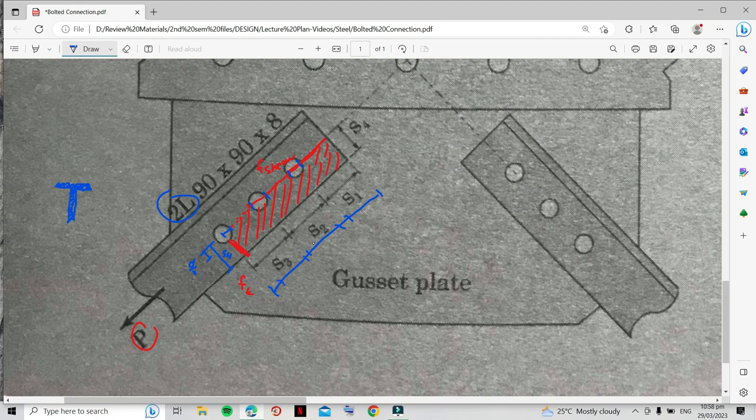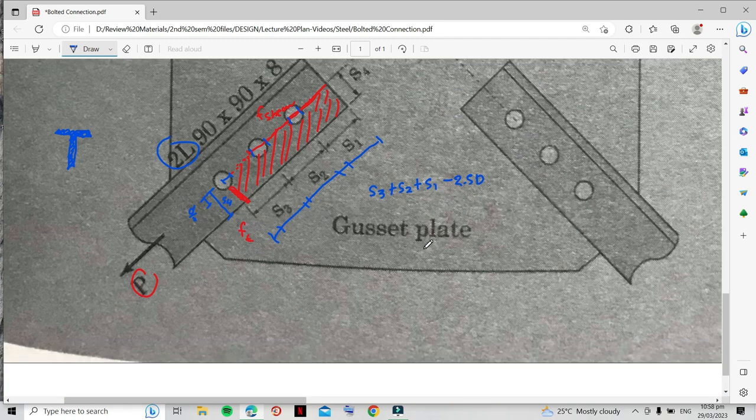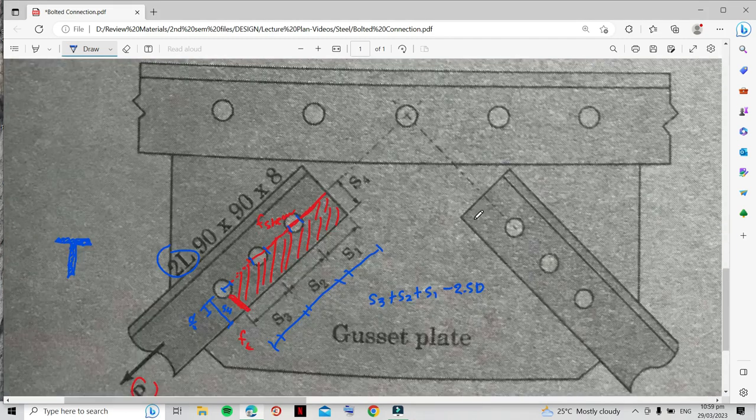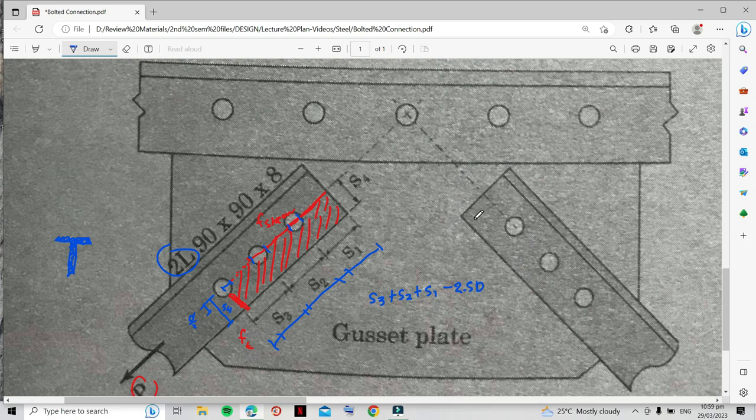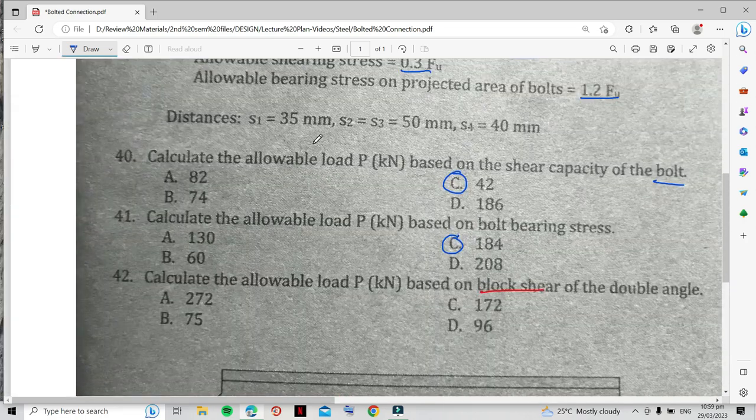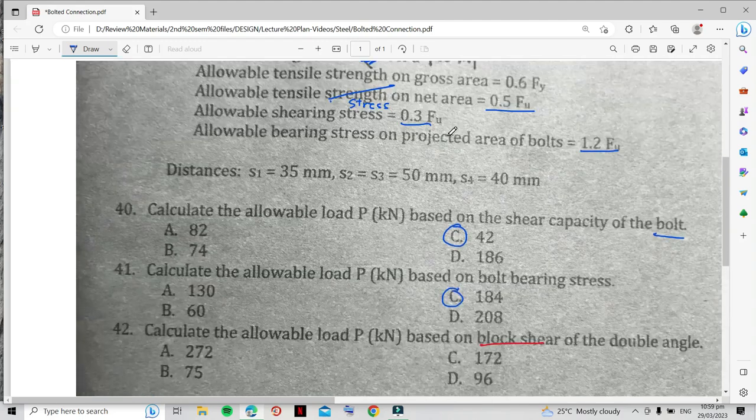So that's S3 plus S2 plus S1 minus 2.5 of the diameter of hole. So S2 and S3 are both 50 mm and S1 is 35.